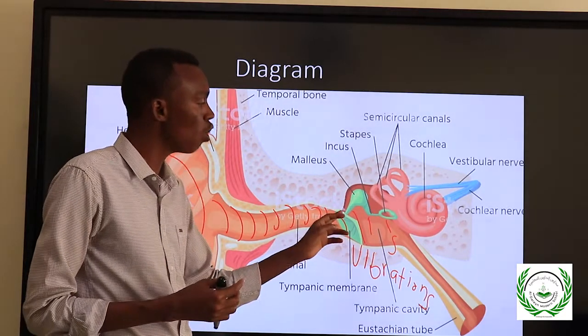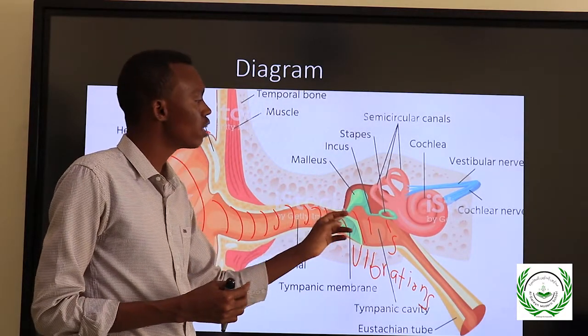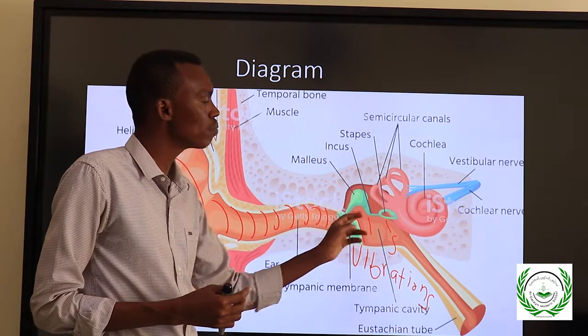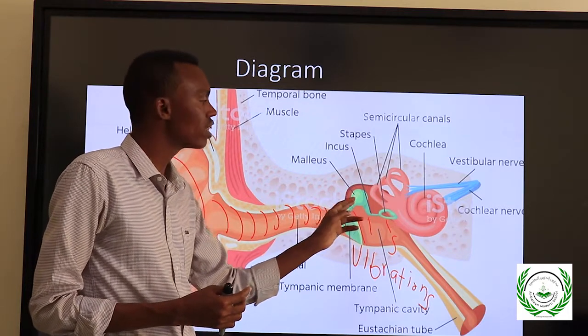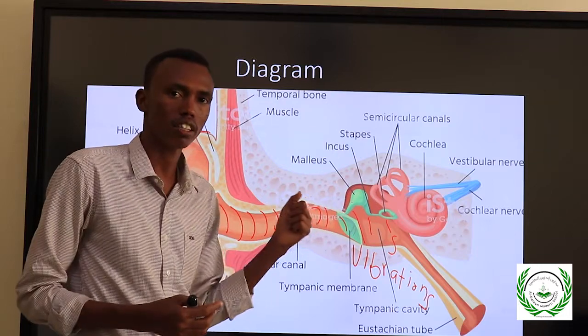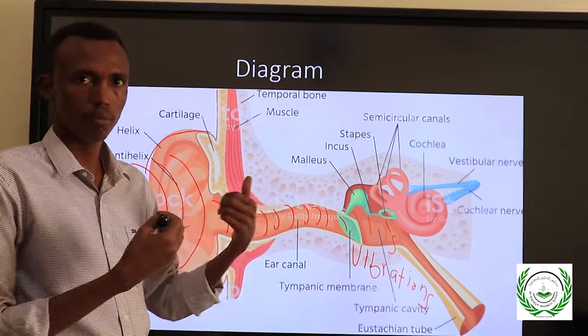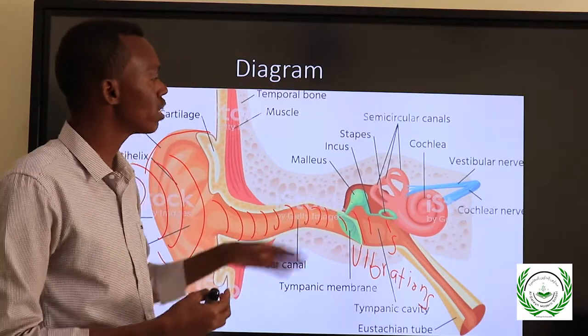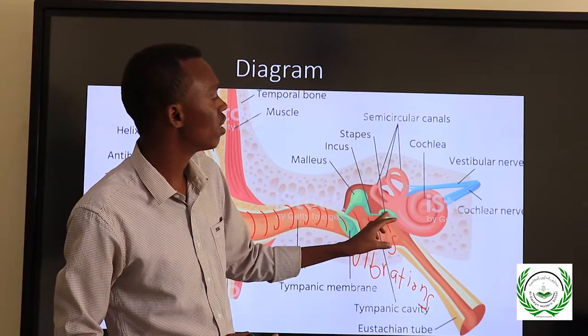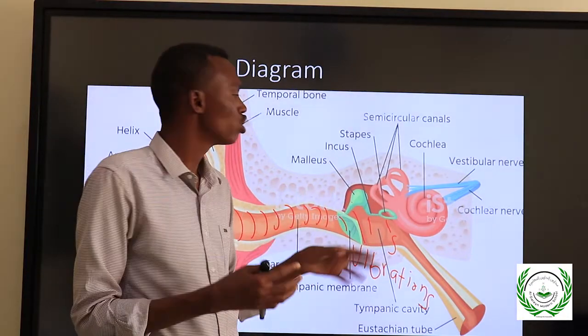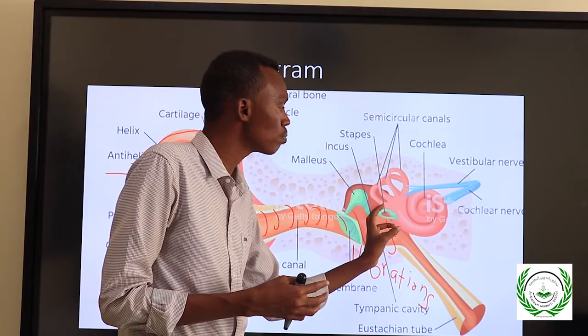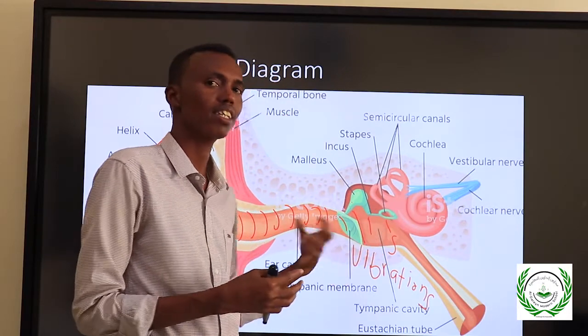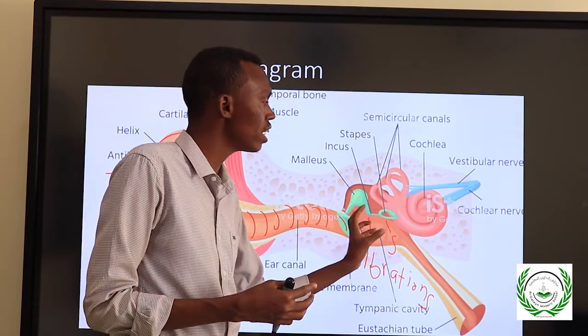This vibration also causes the small bones in the middle ear to move forth and back. This kind of movement also creates a pressure. This pressure transmits the sound wave from the middle ear to the cochlea.